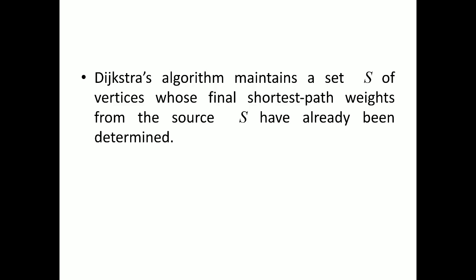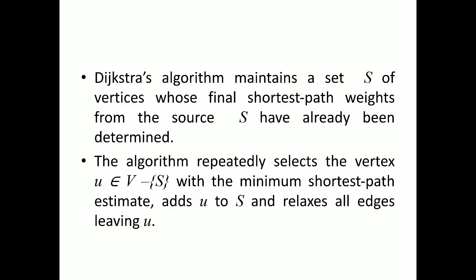So initially it will be empty, and repeatedly we will select one vertex from the set of vertices, calculate the shortest path estimate, and add that vertex to set S, and we do this for all the vertices. The selection of the vertex is based on the shortest path estimate. That is, the vertex whose shortest path estimate is minimum, we will select that particular vertex for further processing.